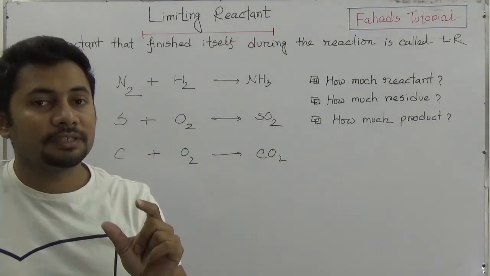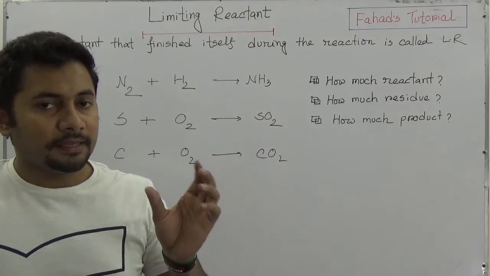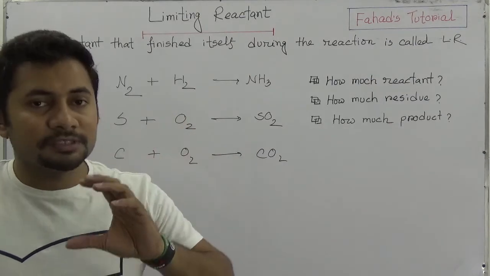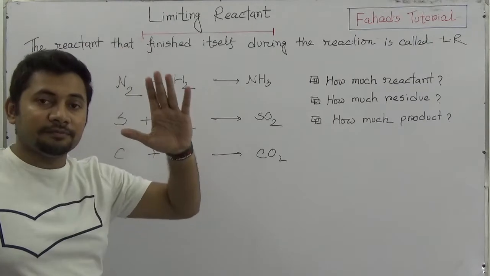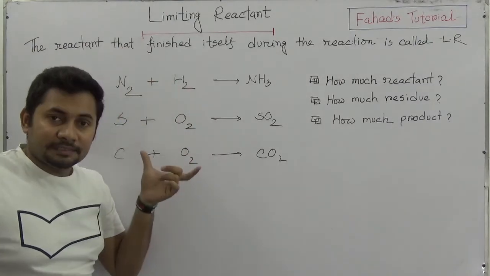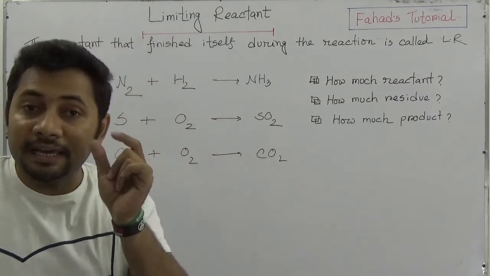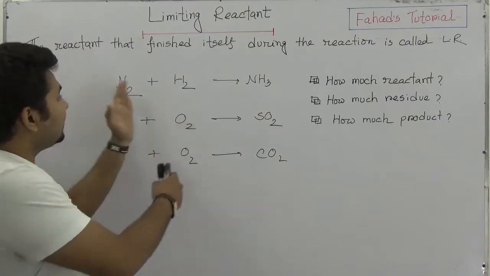When there is more than 1 reactant, of course the reaction will not continue forever. It will definitely end, and that end will be the responsibility of one of them.